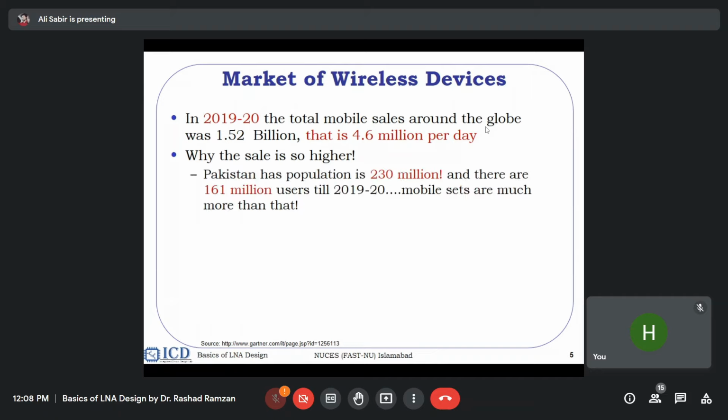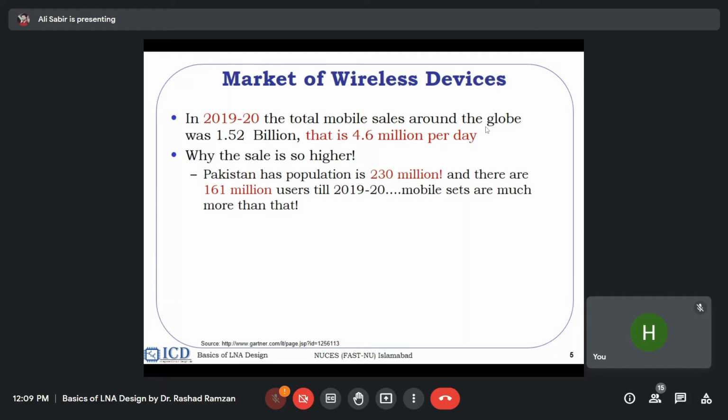If you just talk about mobile phone sales, just the handsets, I'm not talking about the IoT devices, in 2019-20, around the globe, 1.52 billion mobile sets were sold. And these mobile sets include different radios.